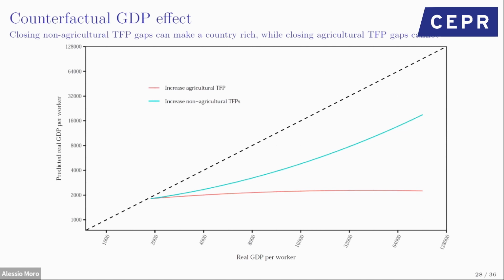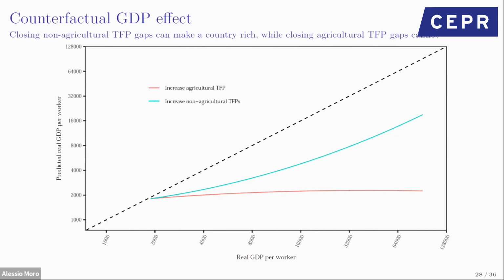If you would close all the income gap, you would get the 45-degree line. And here we just vary across the different levels of development. What you see is that, yes, initially this is relatively steep, but it peters out very rapidly. So basically, if you go to Burkina Faso and increase TFP in agriculture to the level of the US, you escape poverty, but you cannot even become middle income.